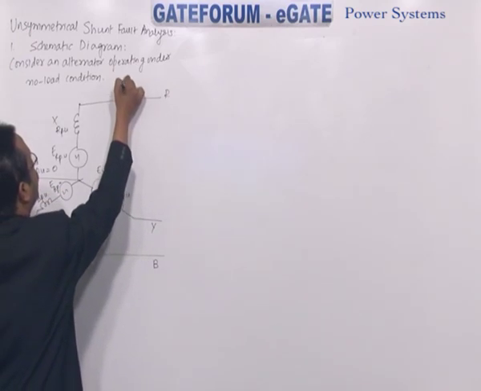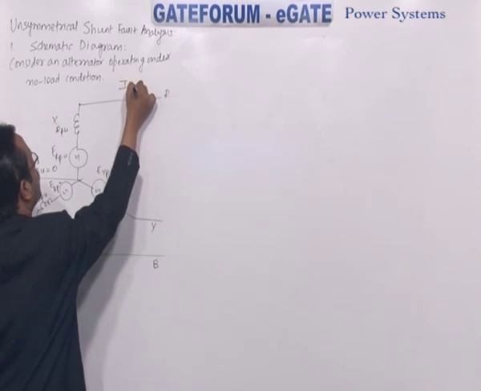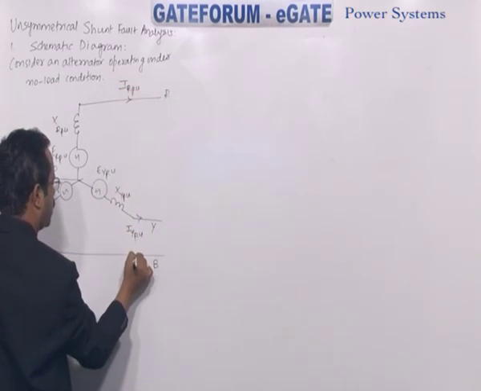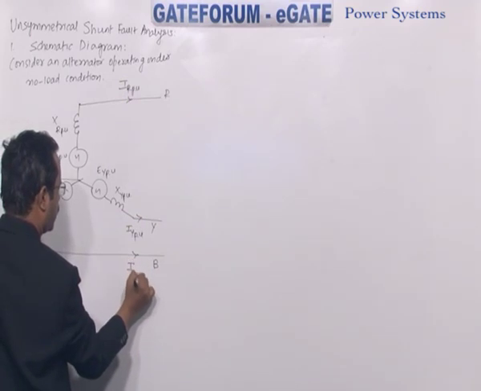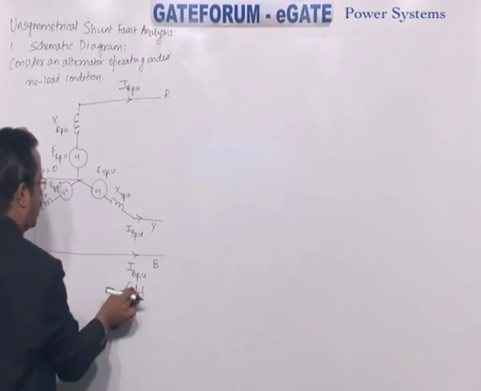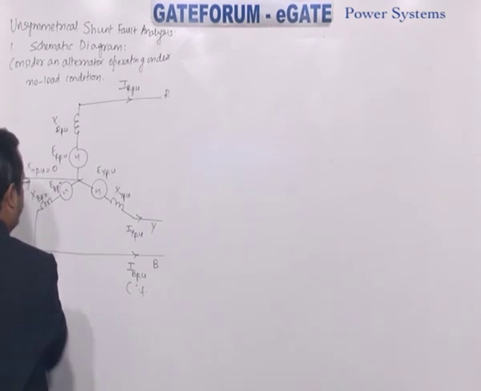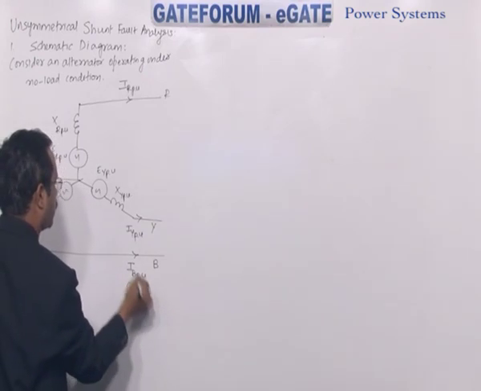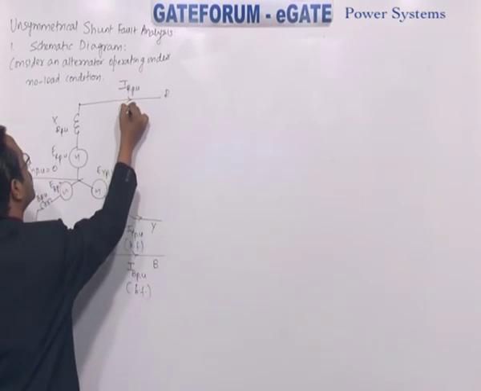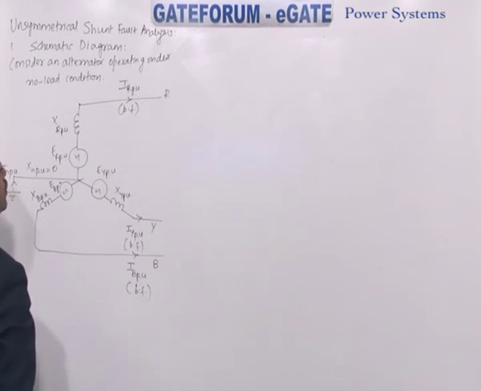And the current flowing is IR per unit, IY per unit, and IB per unit. So this is how you represent before the fault.